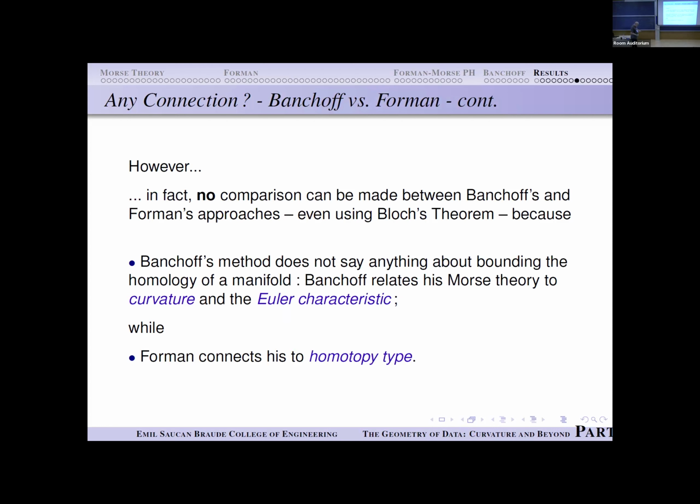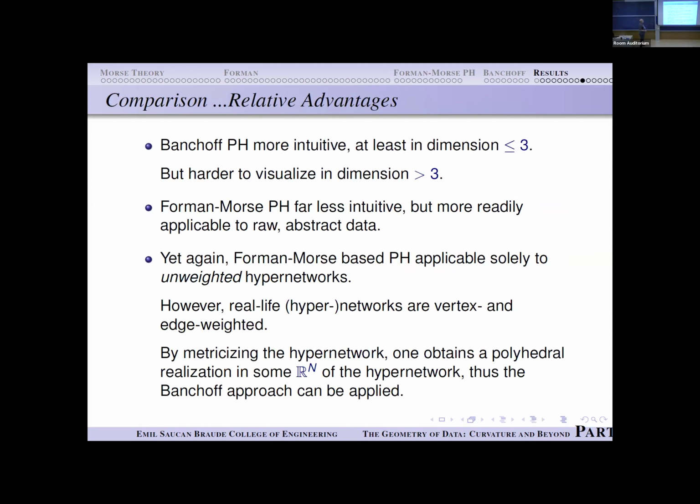You can apply each of them for basic tasks, but Forman goes to the homotopy type, and Banchoff, as we saw, goes through curvature, basically discrete curvature, and thus Euler characteristic, therefore is much more homology and geometry flavored. Okay.